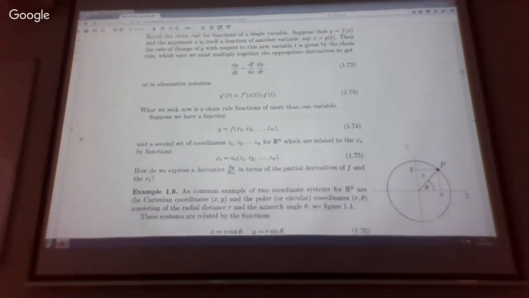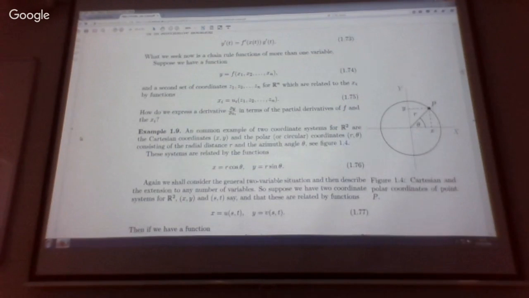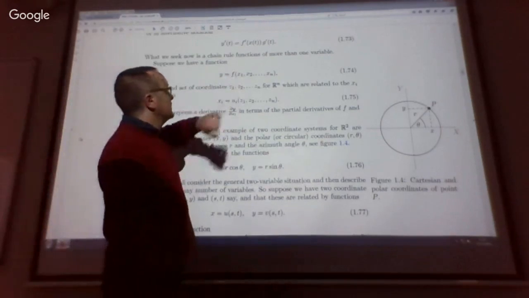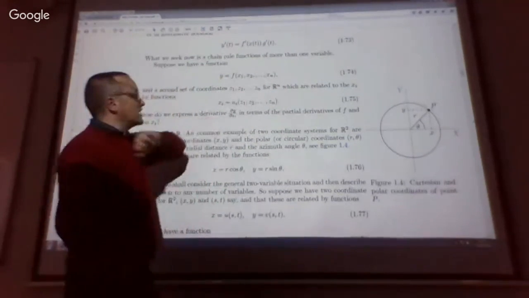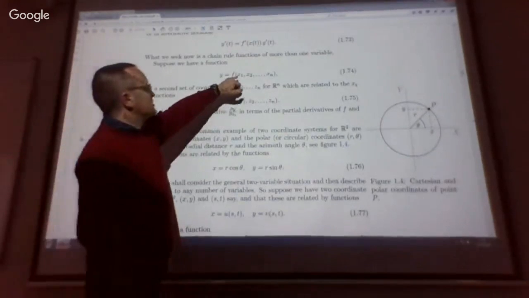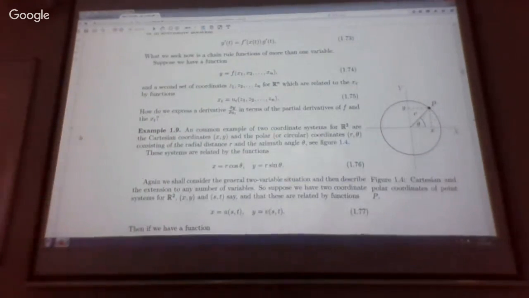Okay. So here is how we kind of set the problem up. So we suppose we have some function f, and it could depend on any number of variables. So f might be a function on the variables x1 through to xn.